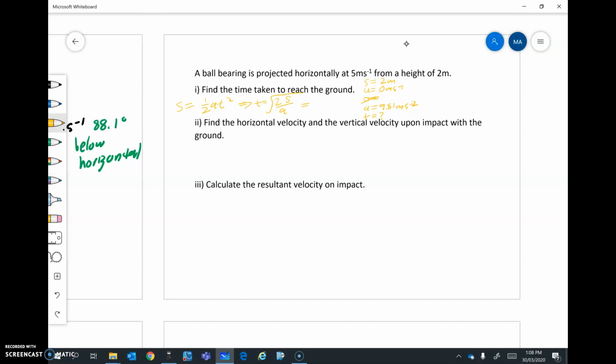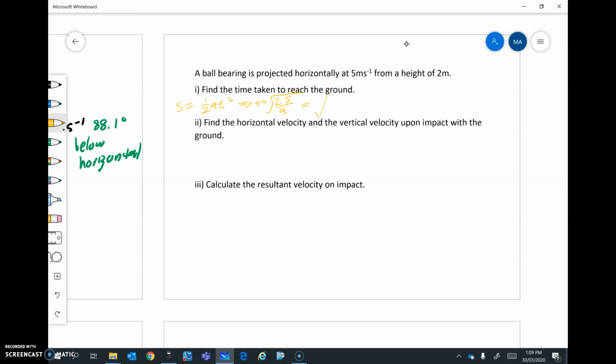So that's that little formula we can always use in any situation for projectile motion to find the time taken to hit the ground. Because our projectiles are projected horizontally, they have zero velocity in the vertical direction. So that's the equation for time.